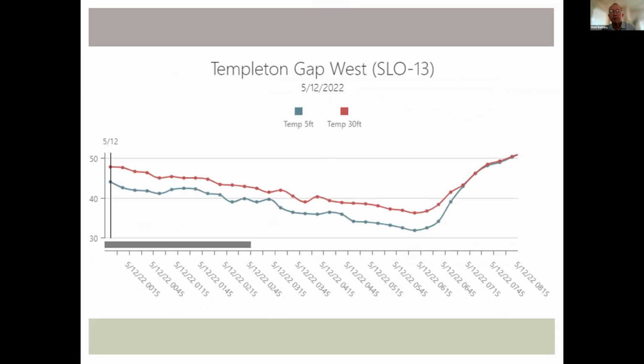This is a pretty substantial inversion at this site. So this is the kind of information that, if a grower in this area is looking to invest in wind machines, having some confidence that this type of condition tends to occur during these frost events or near-frost events would be a really important thing to have as part of that process.